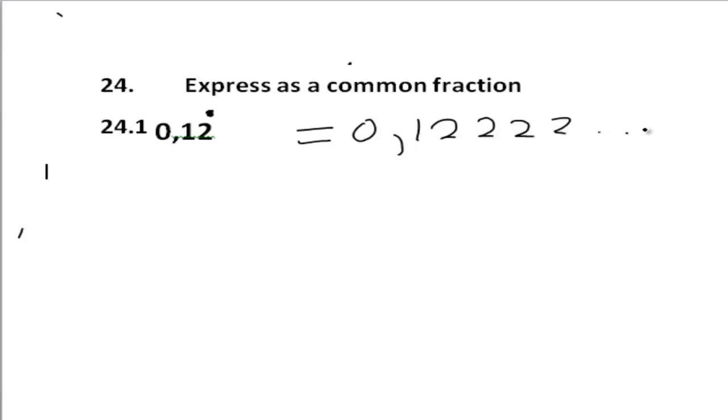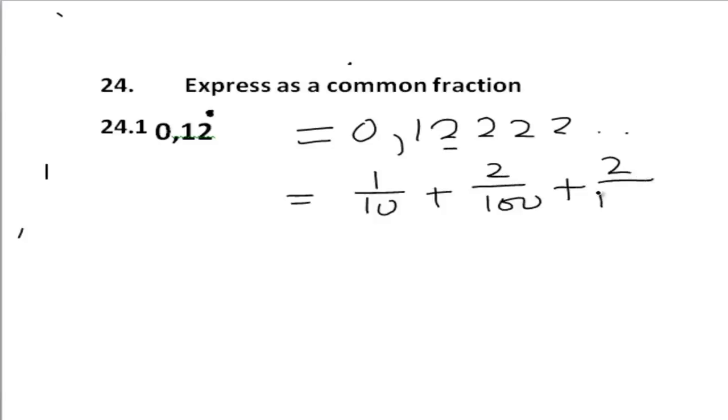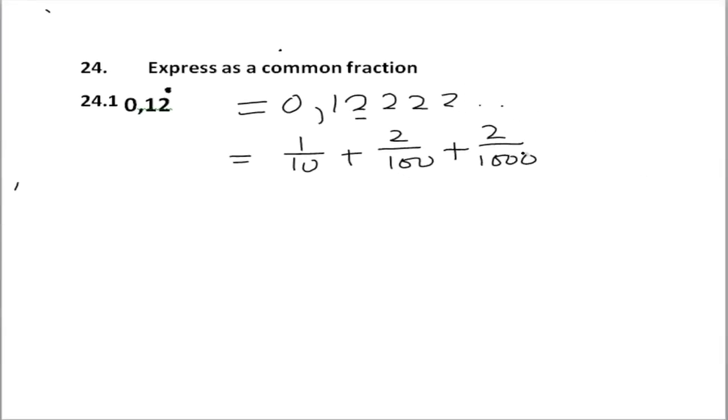Then we can write this as a series. The first term is 1 over 10, and the next is 2 over 100, and the next 2 will be 2 over 1000, and the next 2 will be 2 over 10,000, and so on.